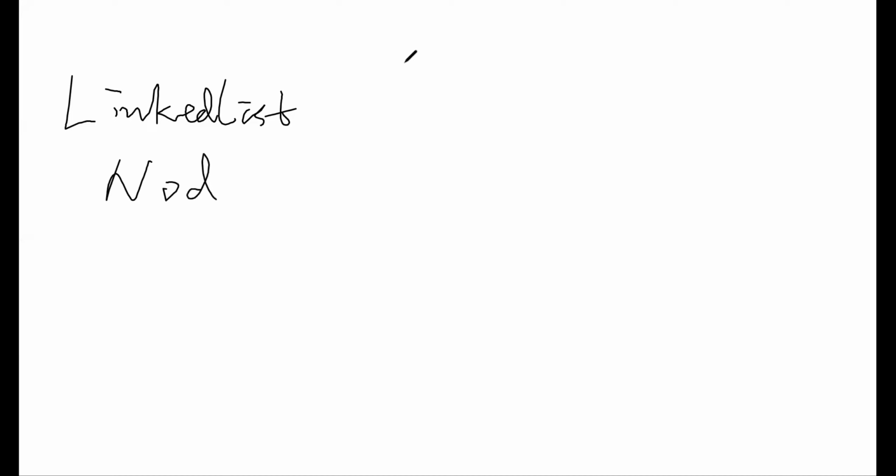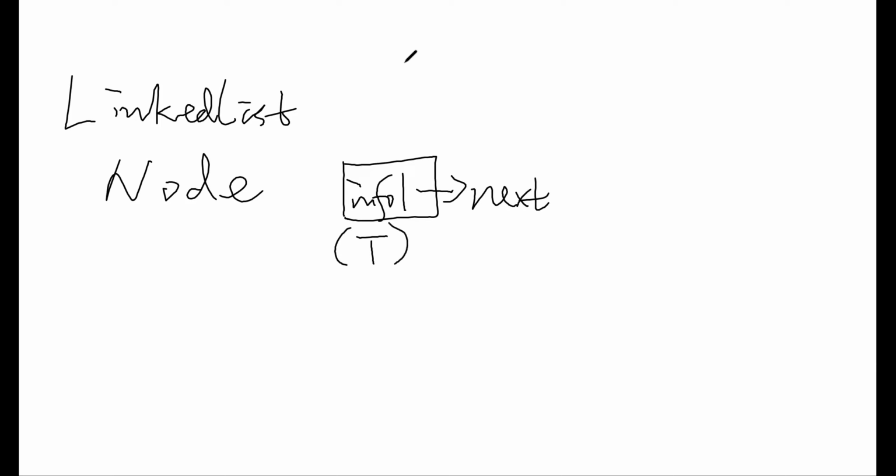Just a quick recall: a node has two parts, the information part and an arrow part, which we call next. Generally speaking, the information part has type T, and the next part has type Node.